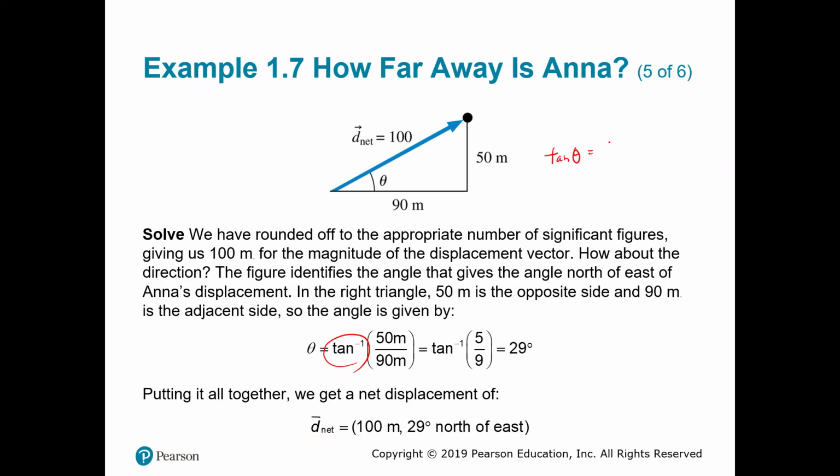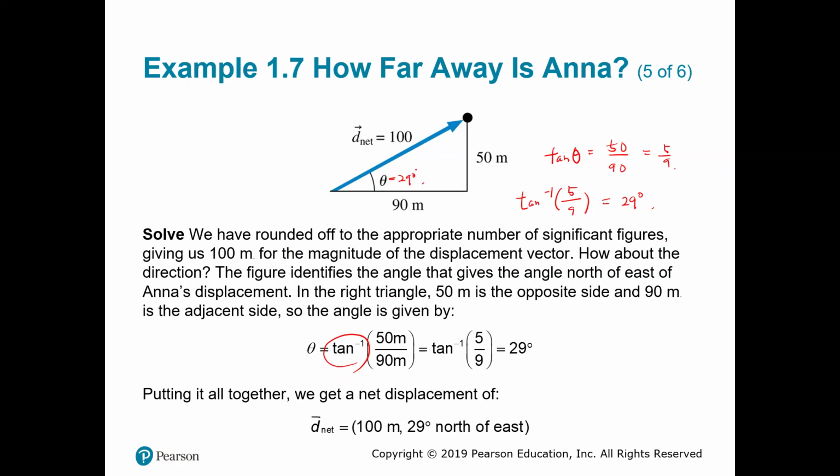Tangent theta is 50 over 90, so this is 5 over 9. So then the inverse function is what? What angle makes the tangent value 5 over 9? This is 29 degrees.